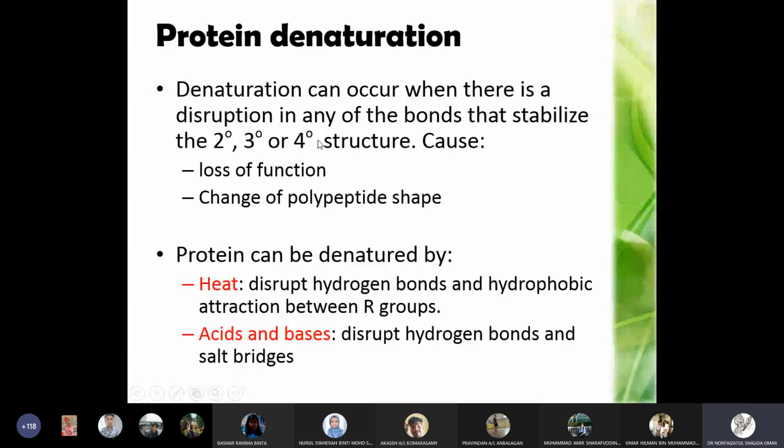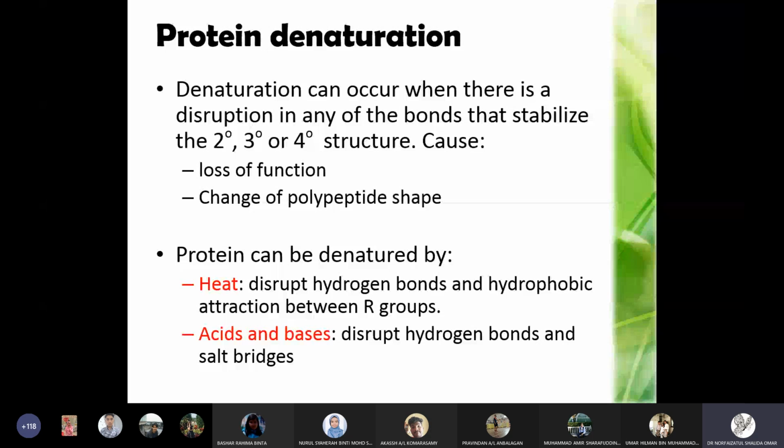Okay, so for protein denaturation, what happens is that when the protein is denatured, it loses its function, mainly because in high temperature the secondary, tertiary, and quaternary structures that I mentioned just now, all the disulfide bonds, hydrogen bonds, and so on, will be disrupted by the high temperature.